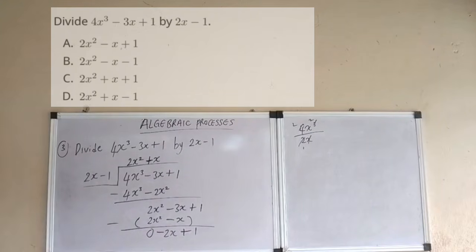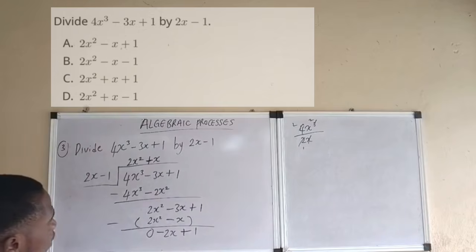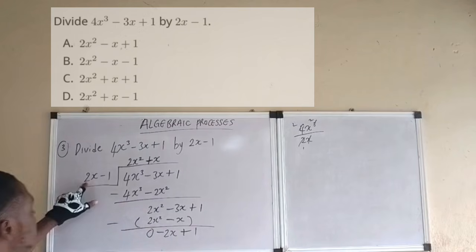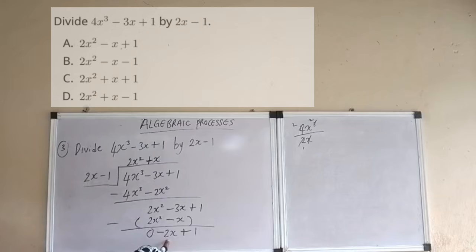So we are not done. When do you stop dividing? You stop dividing when we have simplified to the point that we are now left with zeros. That's when you stop dividing. So we're still going to use this term again to divide the term with the highest power of x. Minus 2x divided by 2x is going to give us minus 1.